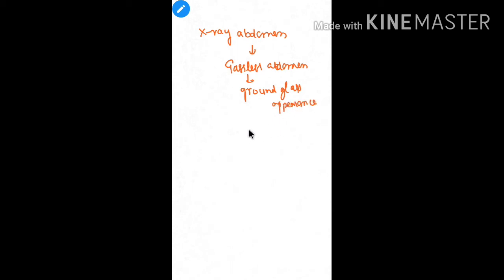And we will also see sentinel loop, and colon cut-off sign also seen.